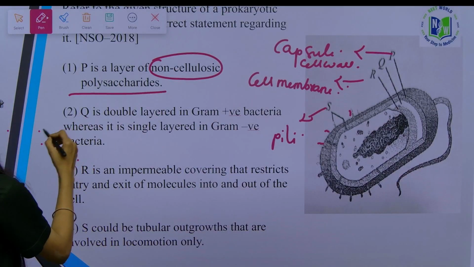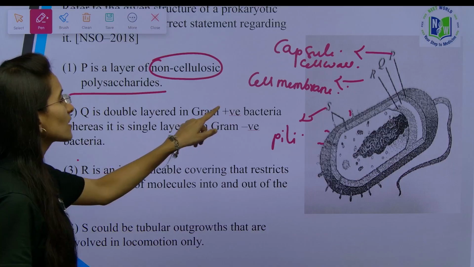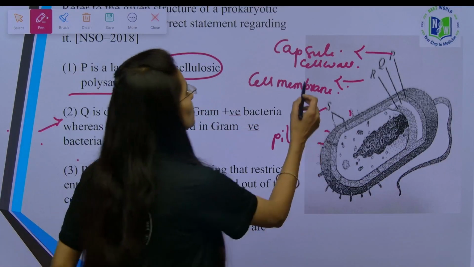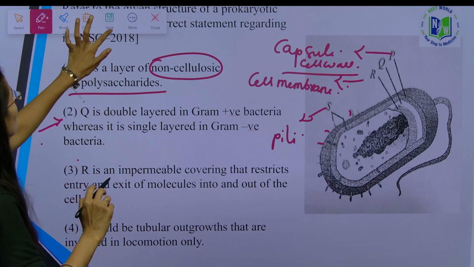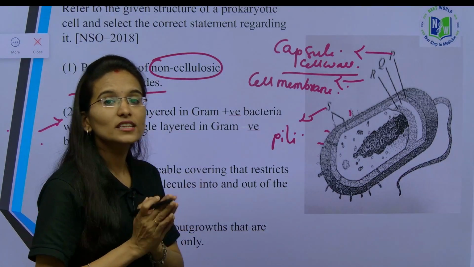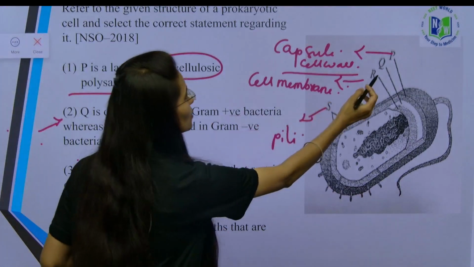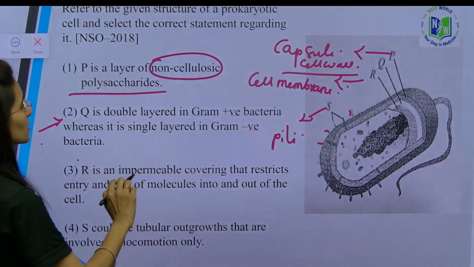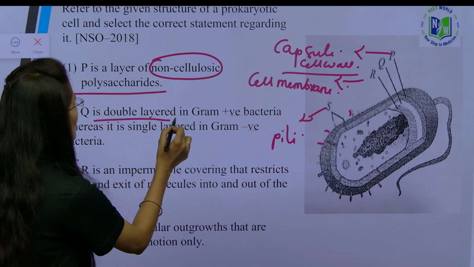Coming towards the second option, Q is double layered in gram positive bacteria. What is Q? It is a cell wall. Q is the cell wall of this prokaryotic cell. It is double layered in gram positive.